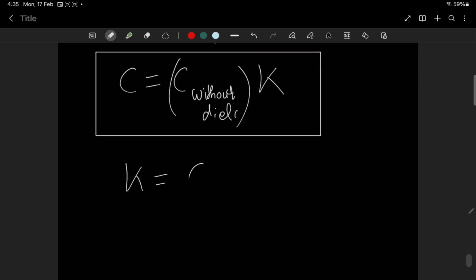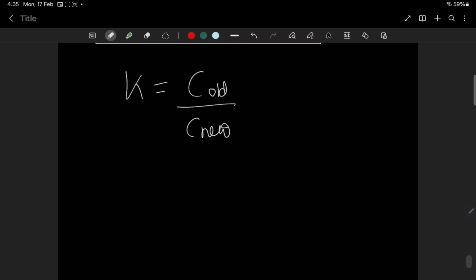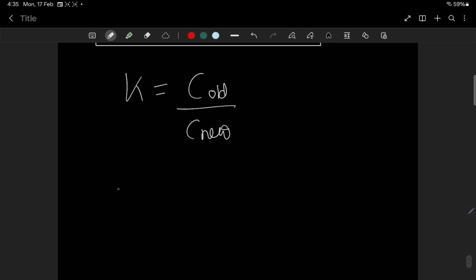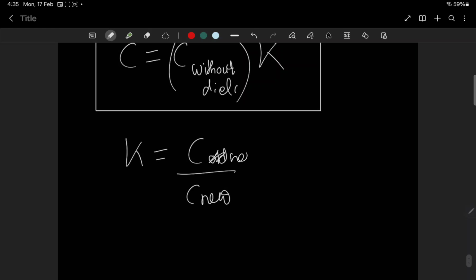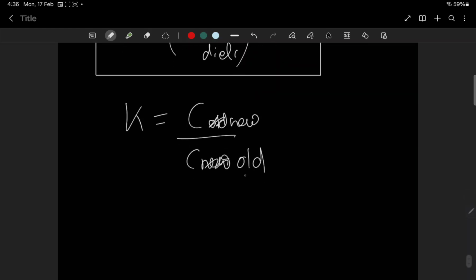So K can be written as C new by C old. Simple.